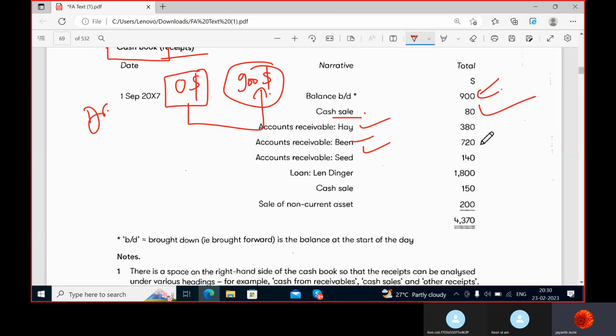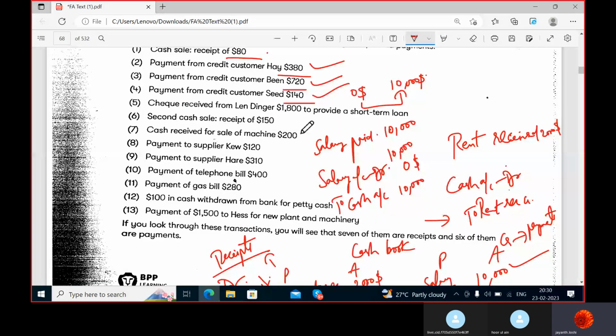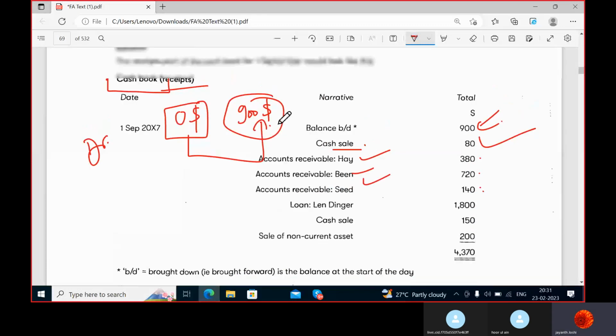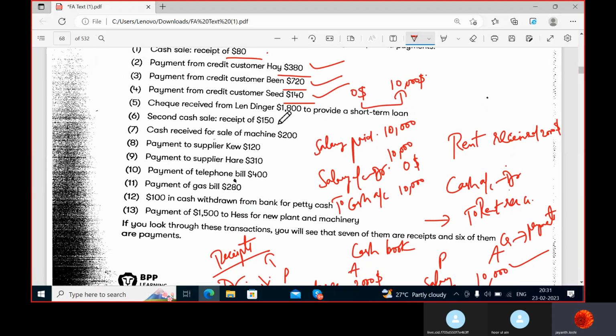Check received from Lendinger, 1,800, to provide a short-term loan. That means we have taken a loan from Lendinger.